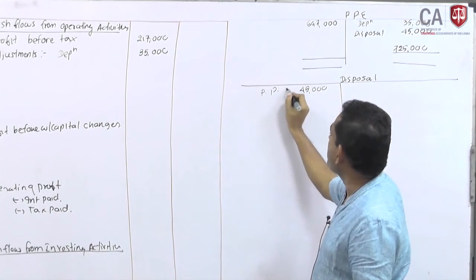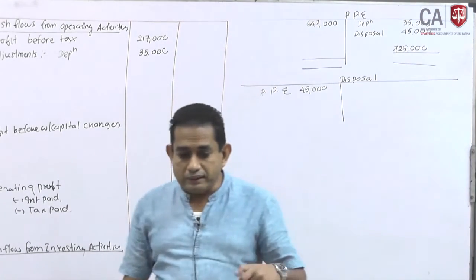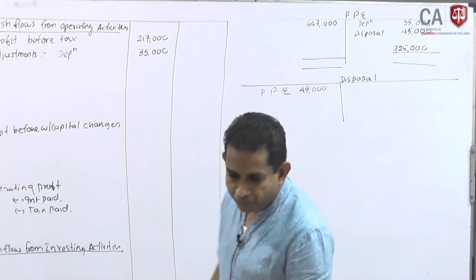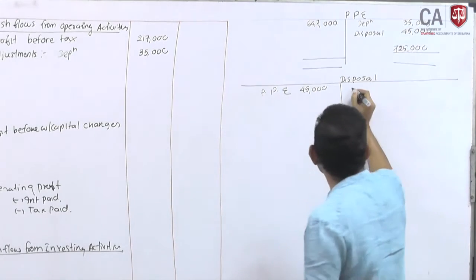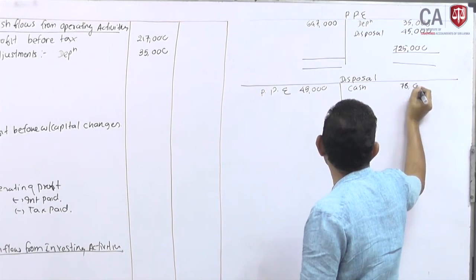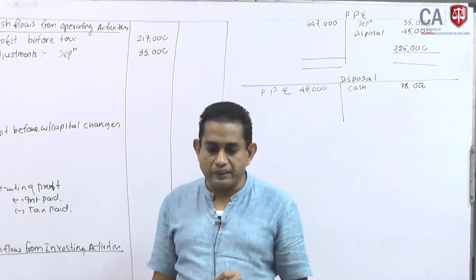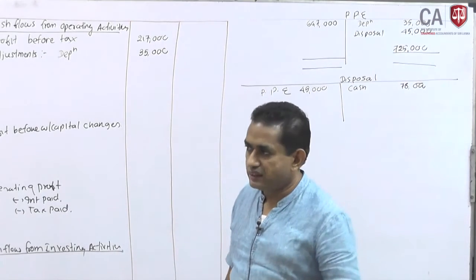So, what does it say the selling price has been? 78,000. You debit cash and credit disposal by 78,000.